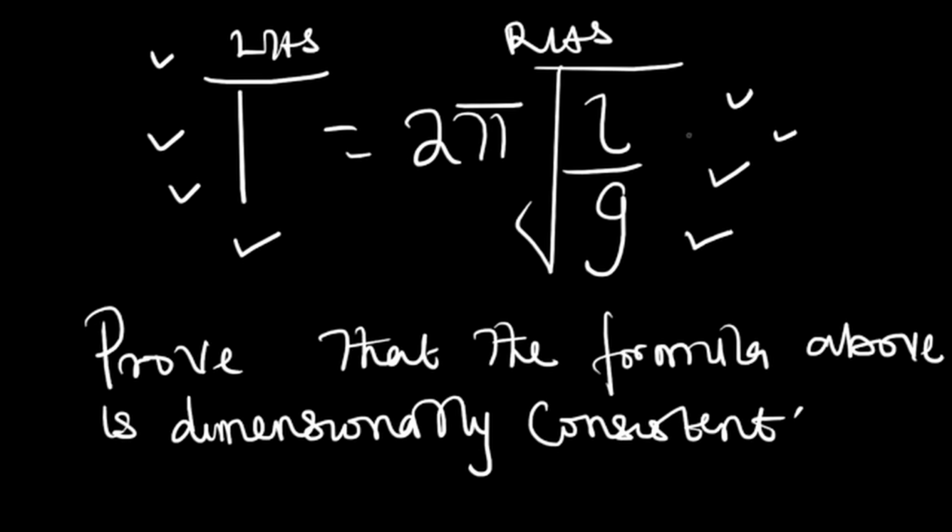So that is what it means. So using this principle of homogeneity, we can go ahead and prove that T is truly equal to 2π multiplied by the square root of L over g.